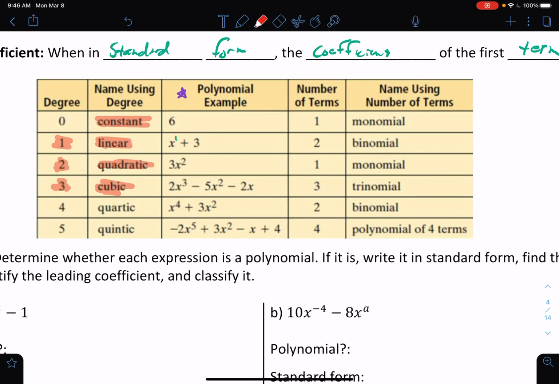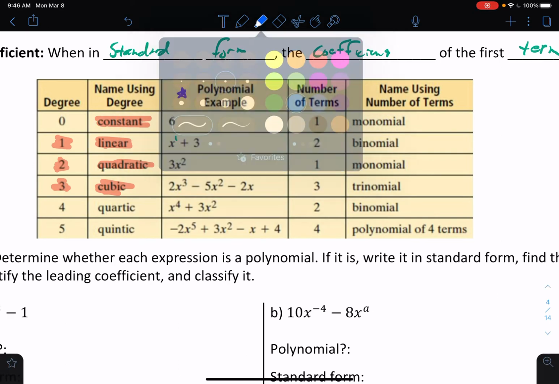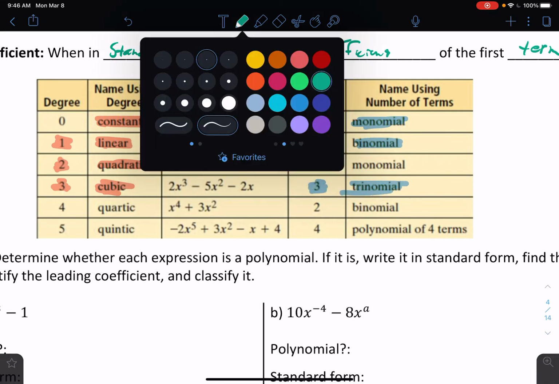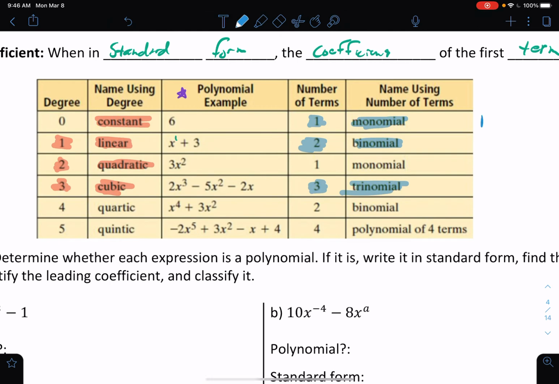We also have vocab that deals with the number of terms. So if there's just one term, it's a monomial. If it's a 2-term, it's binomial. If it's a 3-term, it's trinomial. So these tell me that this is a 1-term, a 2-term, and a 3-term polynomial, depending on what I'm dealing with.